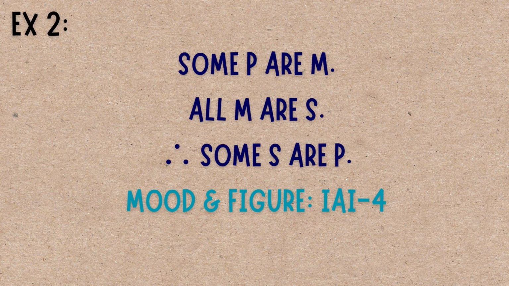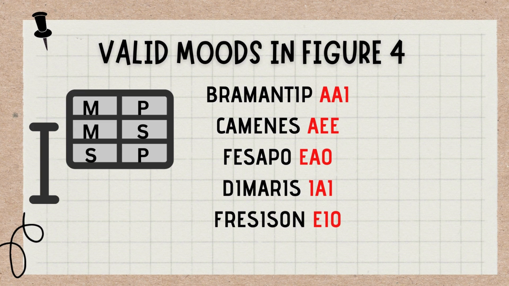But as we saw, IAI is a valid mood, because in figure 4 we have IAI as a mood. So you must have a doubt: is this example valid or invalid? We must take it as valid since it is there in figure 4, IAI, Dimaris. So this syllogism is valid.